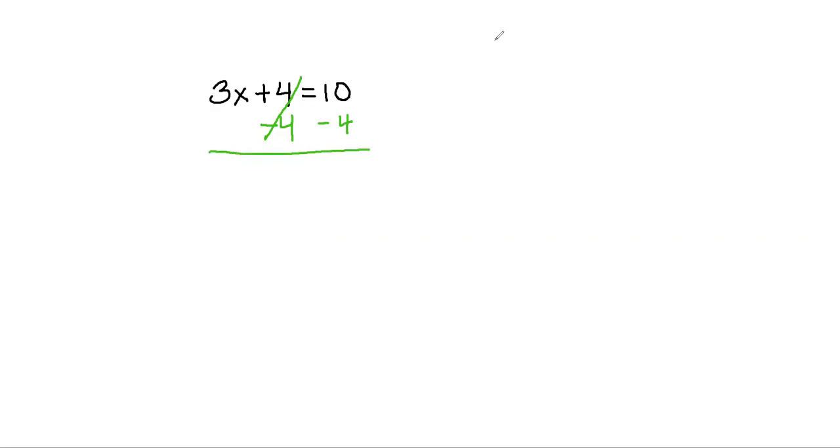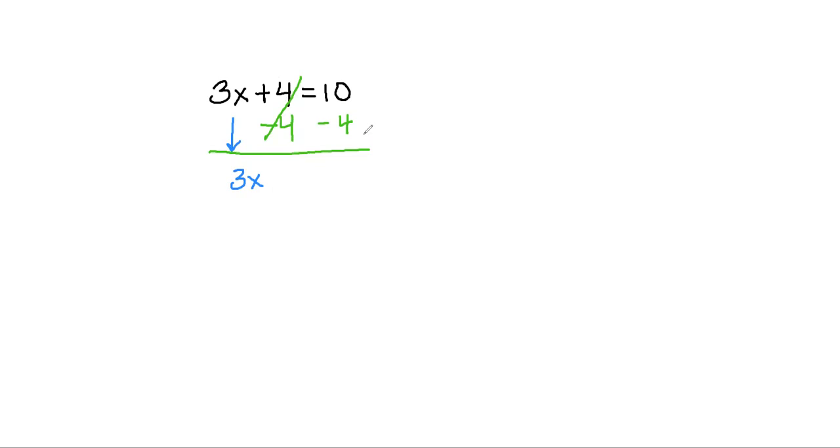Now we are left with another level of equation. I like to think of it in levels. Our first level was this equation, and now we did subtraction on both sides of 4. So now my next one is bringing things down. I'm going to bring this 3x down because we didn't do anything to that yet. We don't have to do anything up to this plus 4 and minus 4.